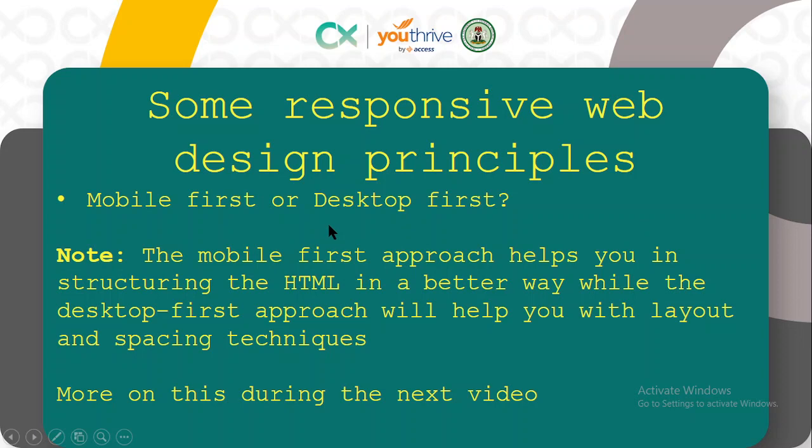So the next responsive web design principle is, are you going to use mobile first or desktop first? Mobile first involves building the mobile version first before you build the desktop version, while desktop first involves building the desktop first before you build the mobile version.